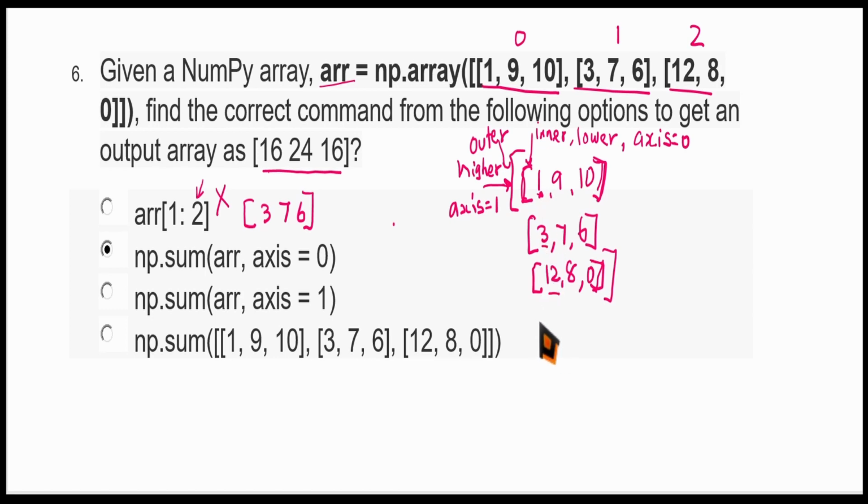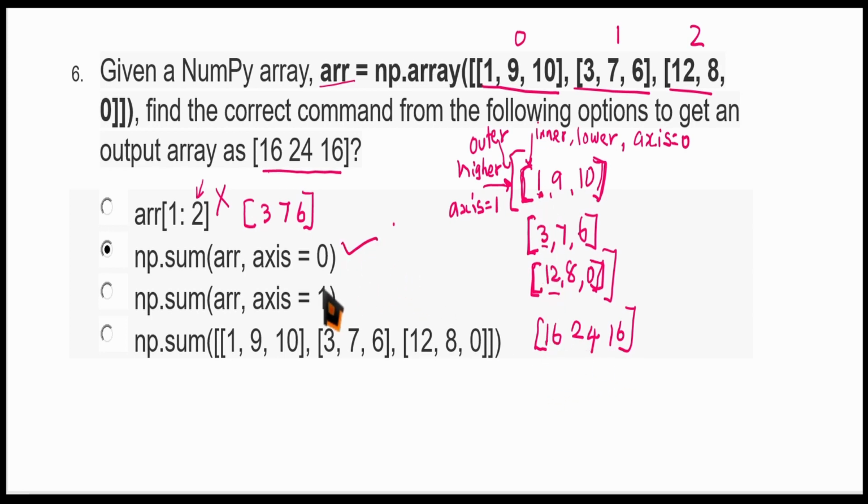So all these corresponding elements will be added. You will get 1 plus 3, 4 plus 12, 16. And here 9 plus 7, 16, 24. And 16 plus 0, 16. So if you add along axis 0, means this square bracket, the corresponding elements should be added. So you will get 16, 24, 16.